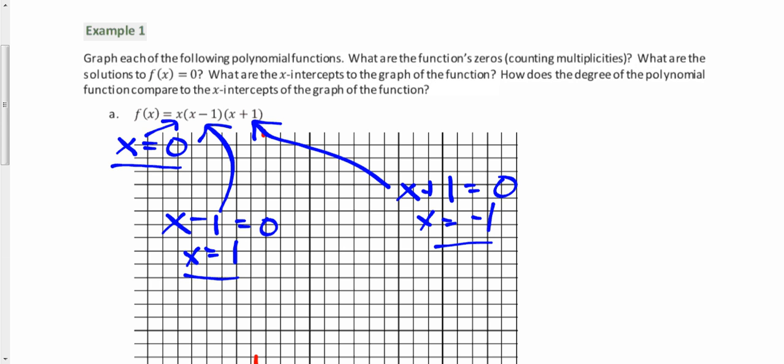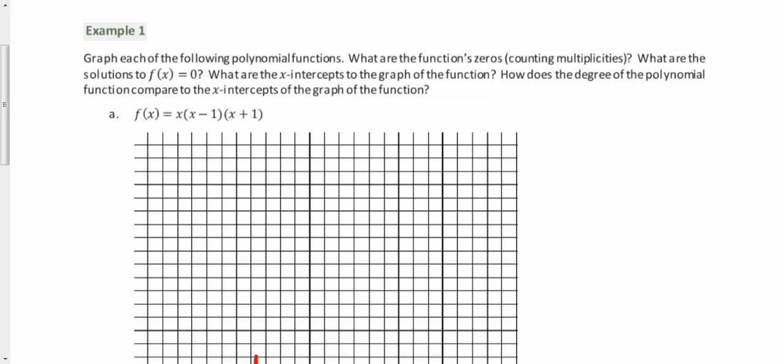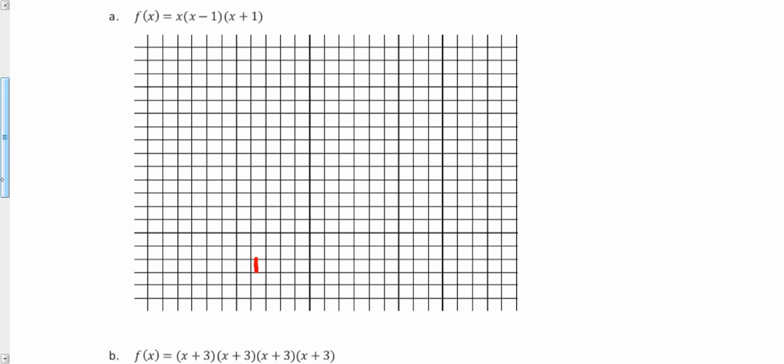Okay? 0, 1, and negative 1. So, we're doing green.